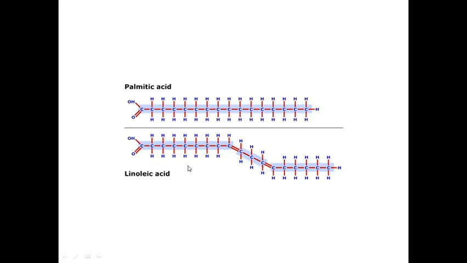And this is linoleic acid, an unsaturated fatty acid, meaning it contains two double bonds. Olive oil and canola oil contain these types of fatty acids in their structure. So I hope this is clear to you. If there are any comments, please let me know. Thank you.